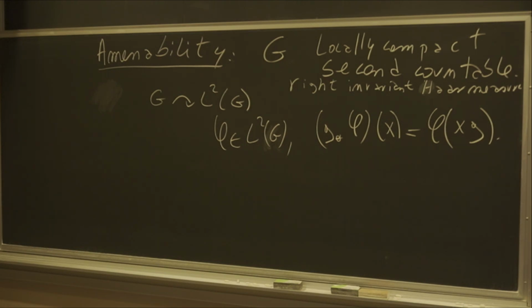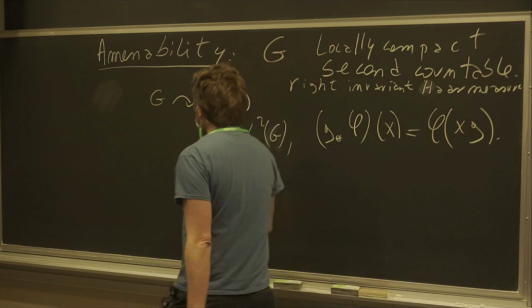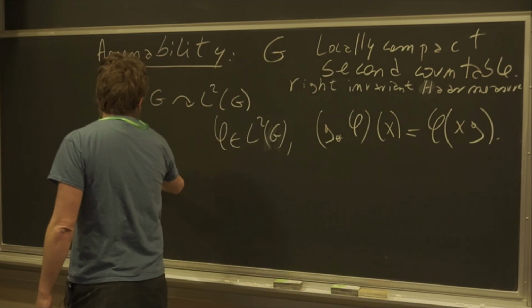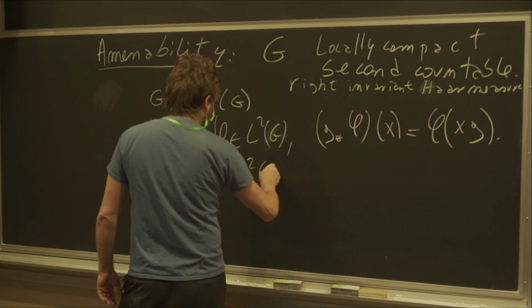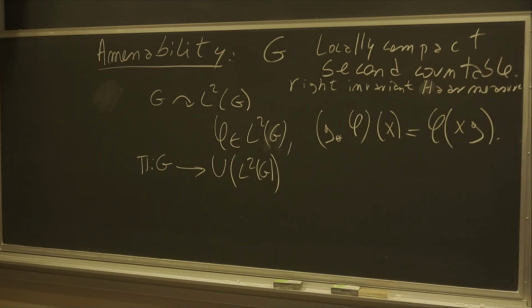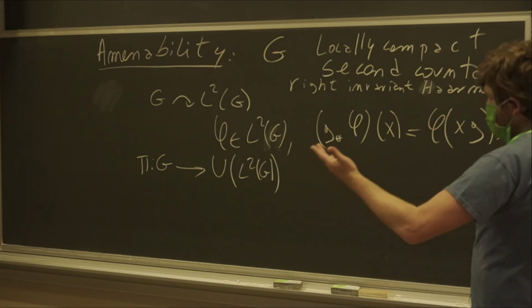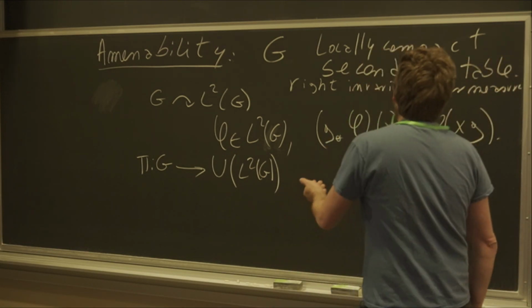So this makes this representation into a unitary representation. So it's a homomorphism from G into unitary of L2 of G, and this we call the standard representation, or maybe the standard right representation.